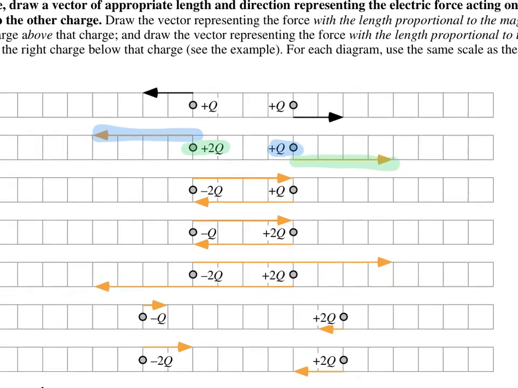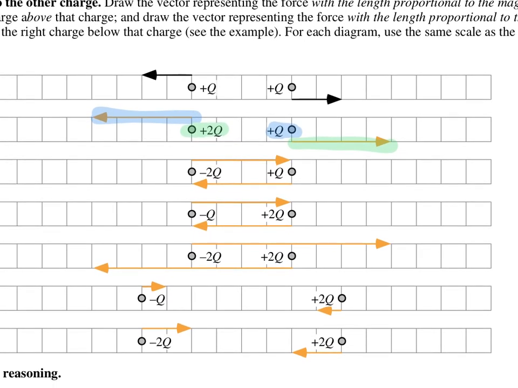So that would be 2 blocks, which is identical force magnitude as the example. So at double the distance, double the charge gets you the same as magnitude 1 charge and magnitude 1 distance, the way we've defined it in this system. All right?